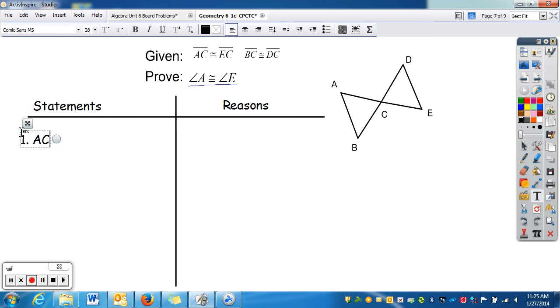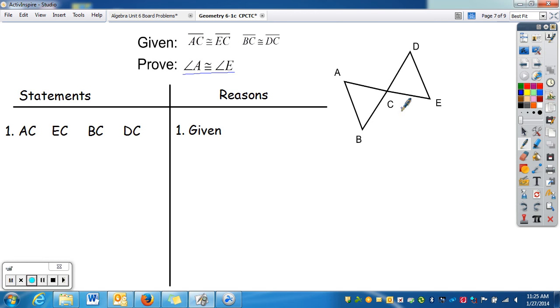Our given is that AC is congruent to EC, and BC is congruent to DC, and that is given to us. So we have two congruent statements.